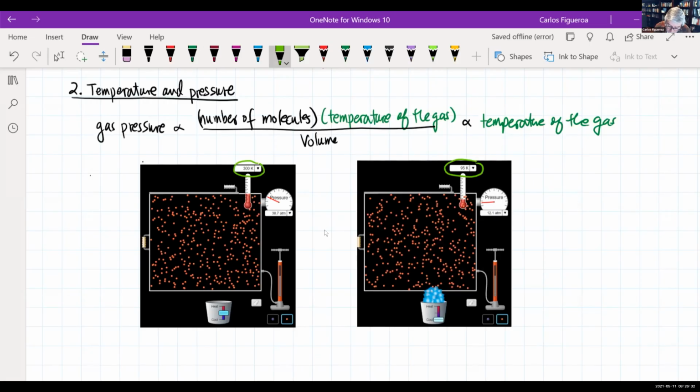And if you look at the pressure here, you can see in this region, the high temperature creates a high pressure. This one creates a low pressure with a low temperature. So this is what we're actually seeing.